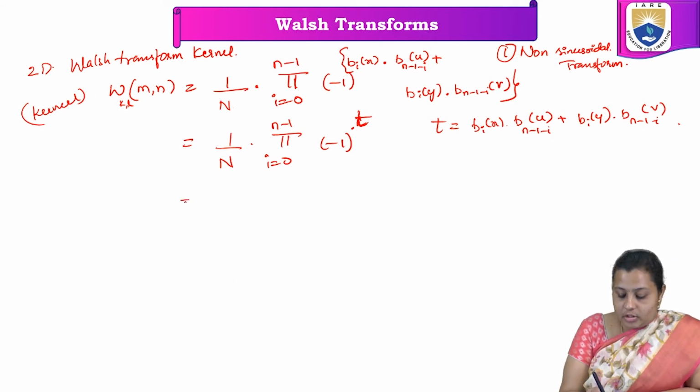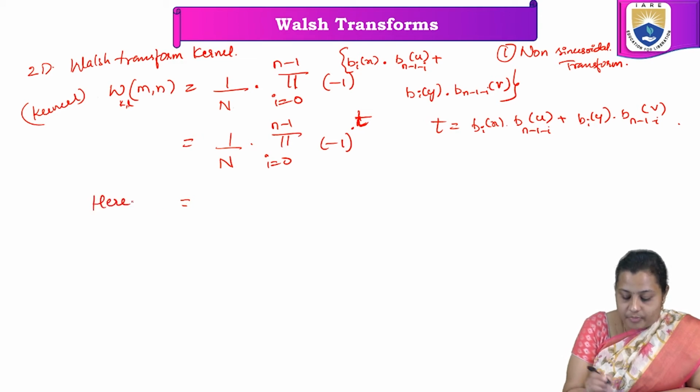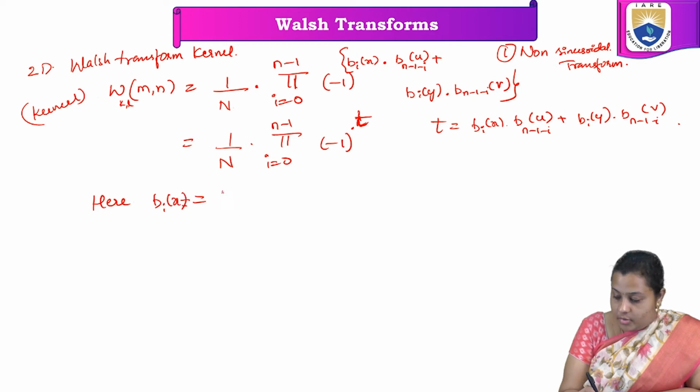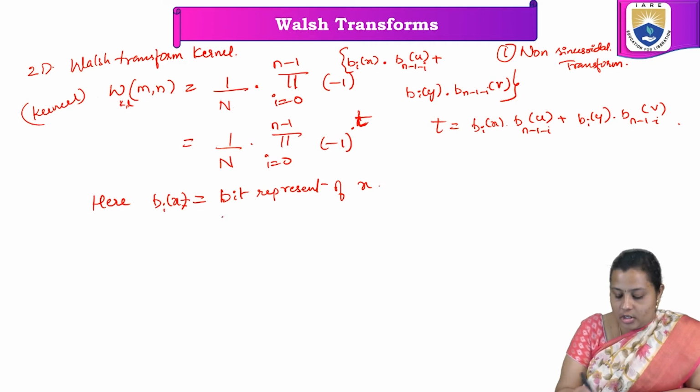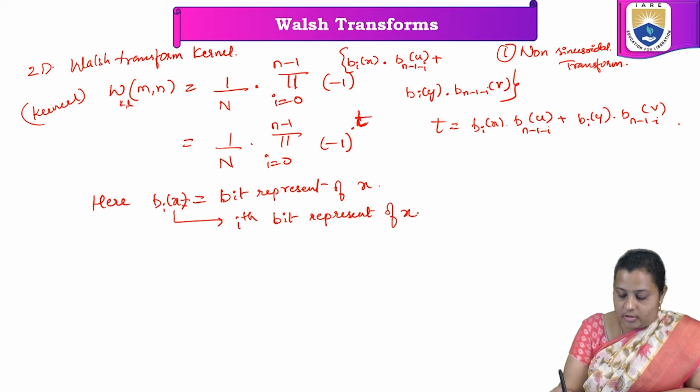Here, b_i(x) is the bit representation of x. If we consider the bit representation, then this is the ith bit of x.